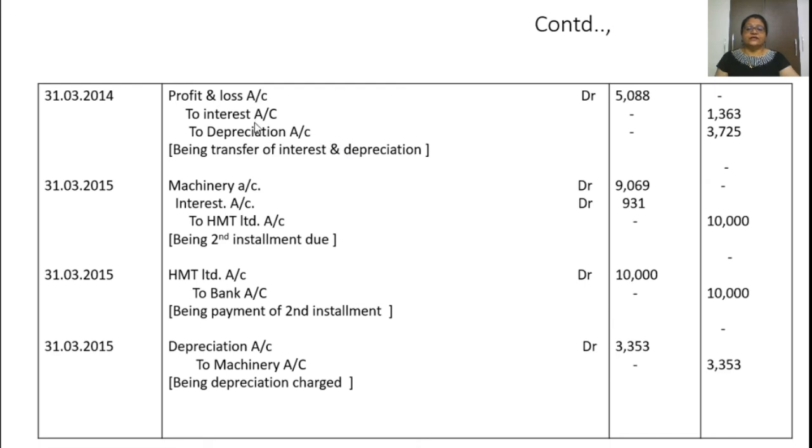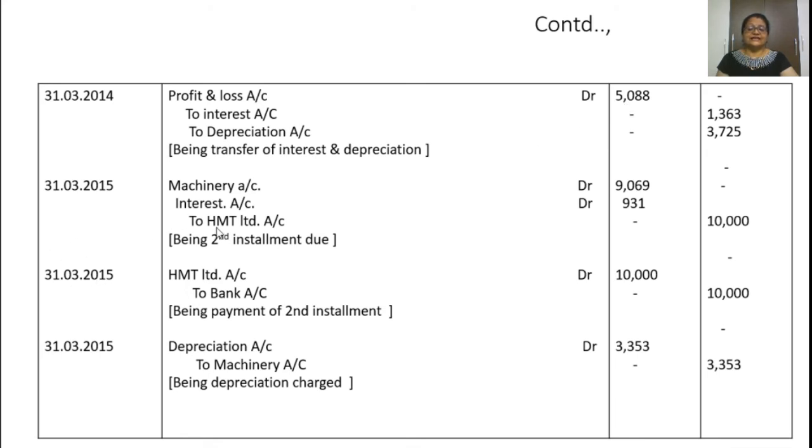Then, as interest and depreciation are expenses of the business, these nominal accounts should be transferred to the profit and loss account. In the transfer entry, profit and loss account is debited with the total of interest and depreciation, and the interest and depreciation accounts are credited.